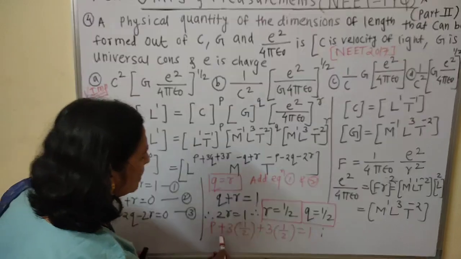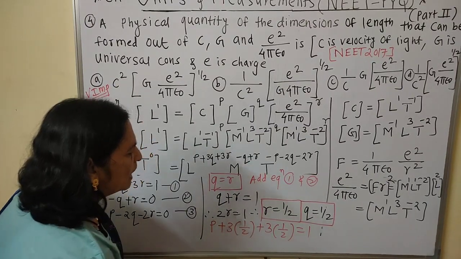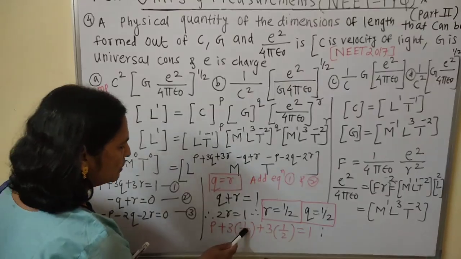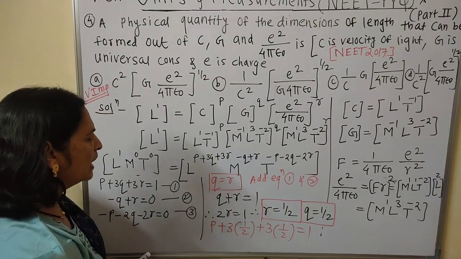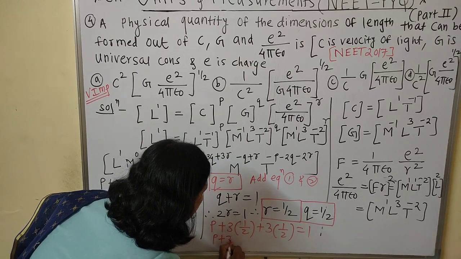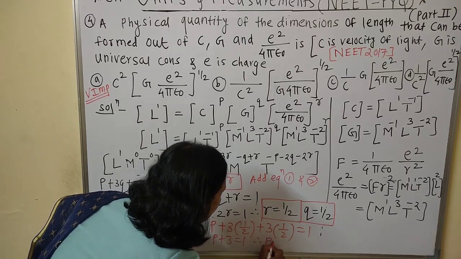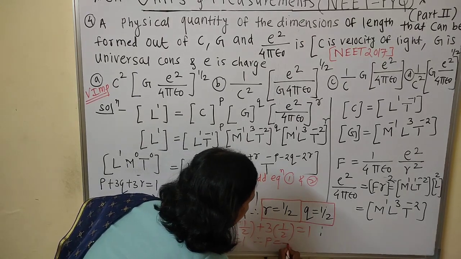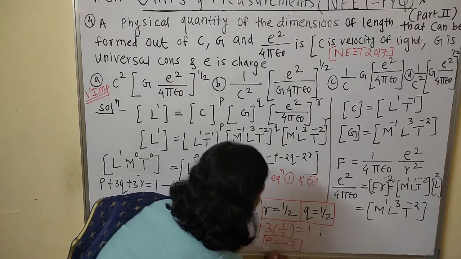This is nothing but 3/2 plus 3/2, it becomes 3, means 1.5 plus 1.5. Then P plus 3 is equal to 1. Therefore, P is equal to 1 minus 3, that is equal to minus 2.